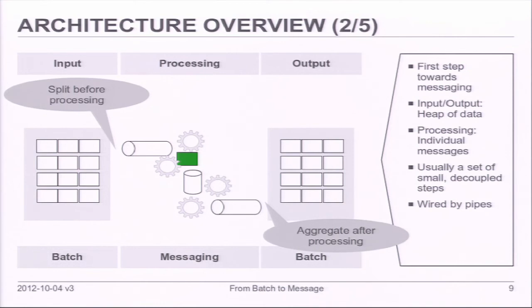The processing is quite different now, because you don't have one complex batch job, but you have a set of individual steps that are decoupled and that you can connect by pipes. Usually those are in-memory channels if you're staying in one system, or you could use JMS message queues if you want to run it on separate hosts.